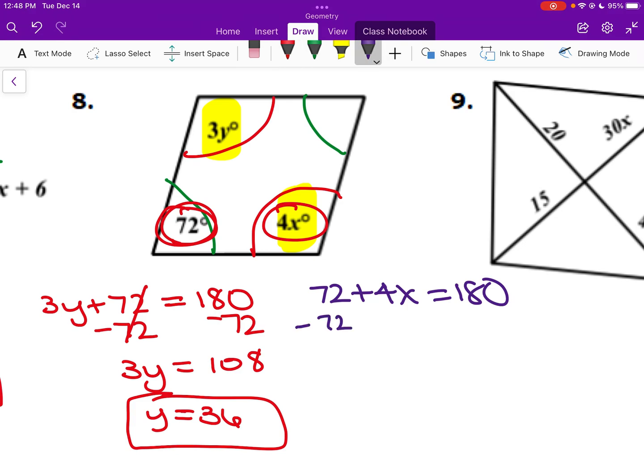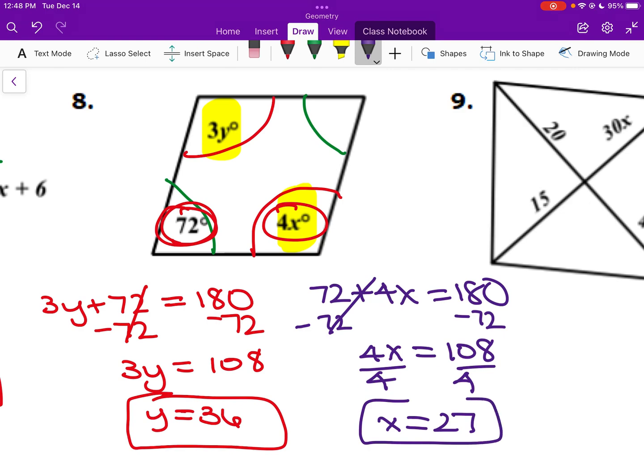So subtract 72, 180 minus 72 would also give me 108. And divide both sides by 4. And I will get 27. x equals 27. And there we have it.